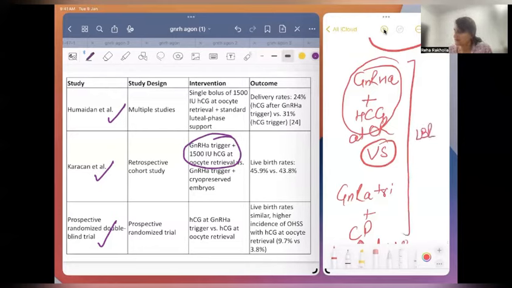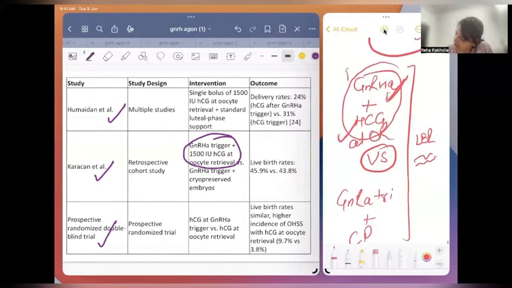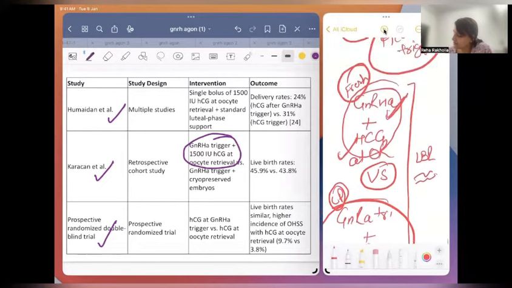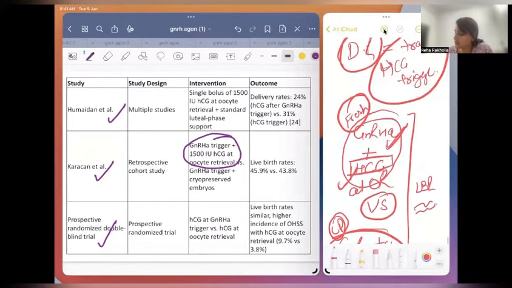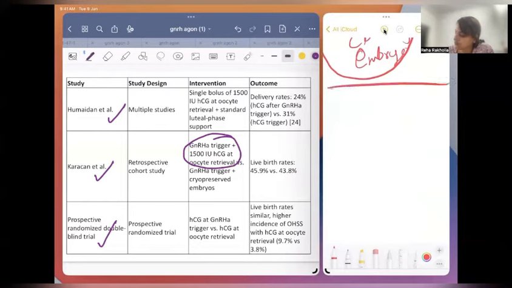This was a fresh cycle and this was a cryopreserved cycle. That means HCG rescues the corpus luteum. That's why pregnancy rate is similar.